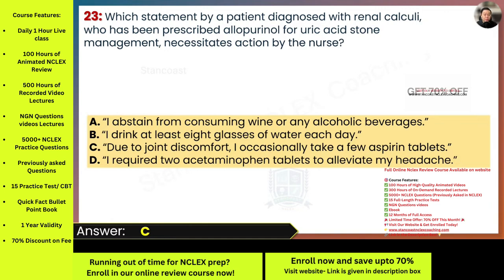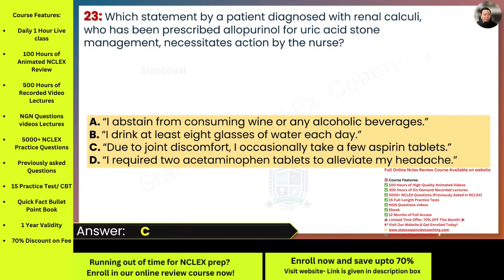So the clue is aspirin tablets. They are the cause of the problem in this scenario, so that would be the best option here. The question basically is asking for the nurse to intervene.